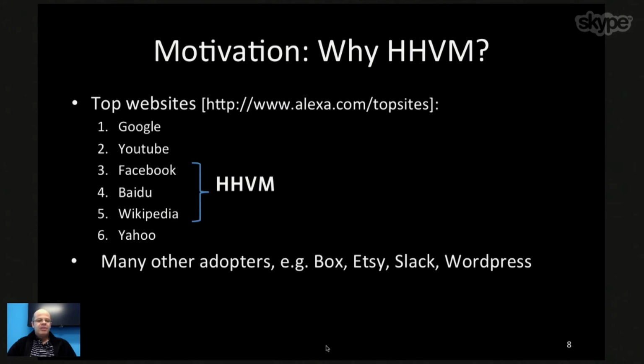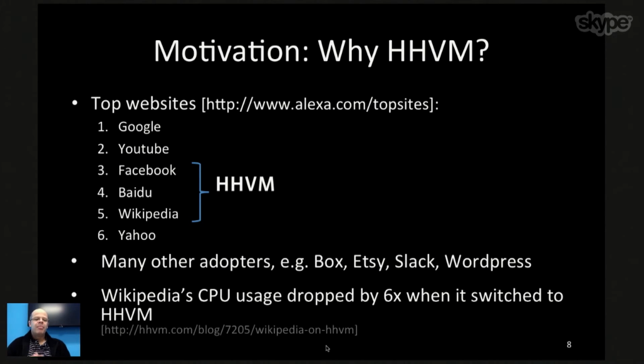There are a lot of other adopters also, including Box, Etsy, Slack, WordPress. Whenever they switch, some of them do some measurements and report some data. As one data point, when Wikipedia switched to HHVM, they reported a 6x performance improvement in reduction in CPU utilization in their servers.